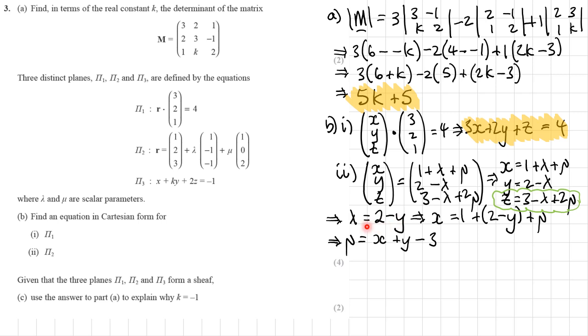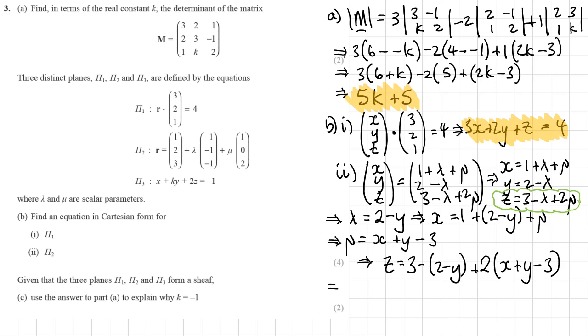So lambda in here is going to get replaced with 2 minus y. Mu here is going to get replaced with x plus y minus 3. So let's do that and see what we'll get. So we'll get z is equal to 3 minus lambda, so that's minus 2 minus y, and then plus 2 mu, and that's x plus y minus 3.